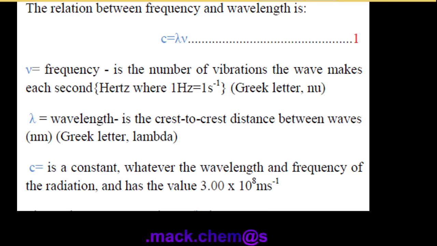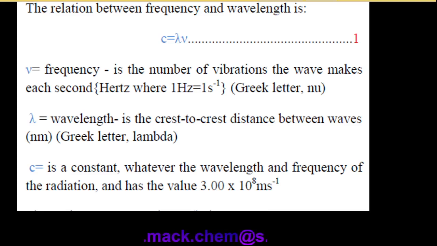Frequency represents the number of waves, or I guess the term may be oscillations, waves per second, that electromagnetic radiation will make in a specific distance. So frequency refers to, very simply, the number of waves, or the number of vibrations the wave makes, such that frequency is measured in a unit which is per second.